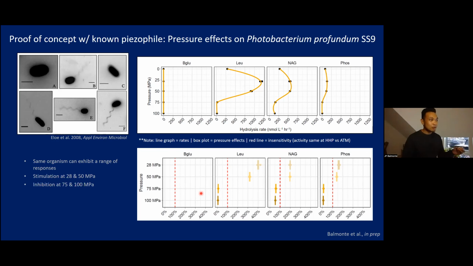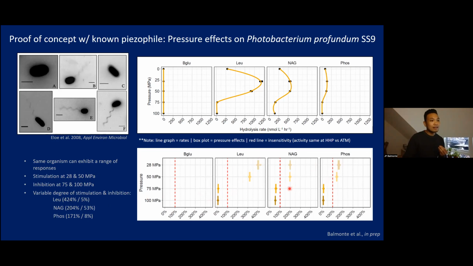Essentially, this one organism can exhibit a wide range of responses: stimulation at 28 and 50 megapascals, inhibition at 75 and 100 megapascals, and very different degrees of stimulation. You can have about 424% stimulation and then substantial inhibition by leucine-aminopeptidase, or fairly subtle stimulation by phosphatase at 171%.